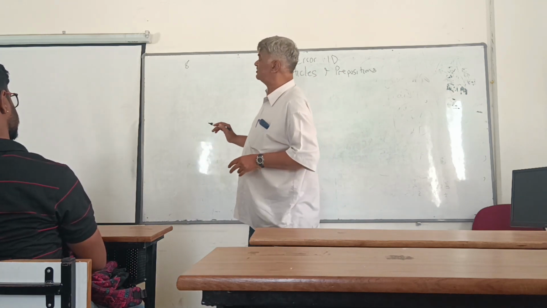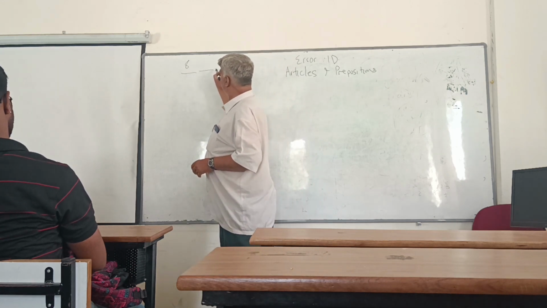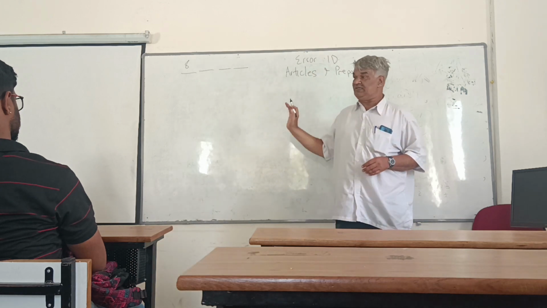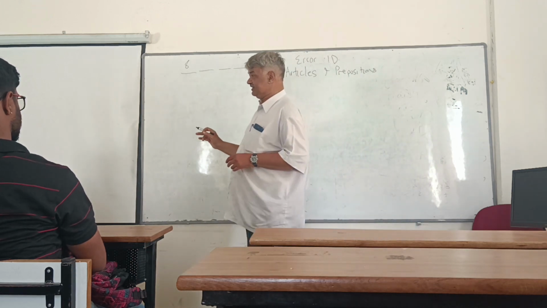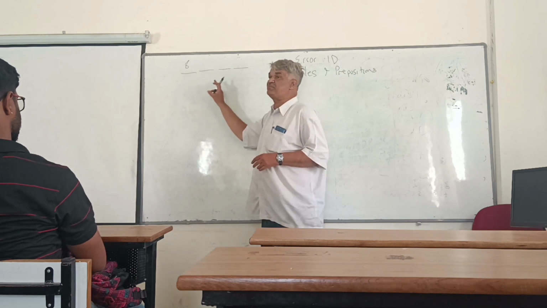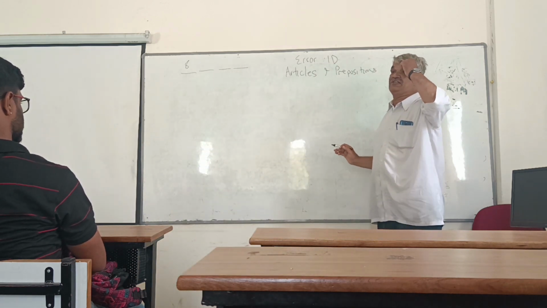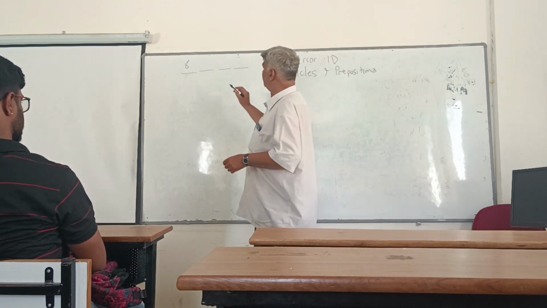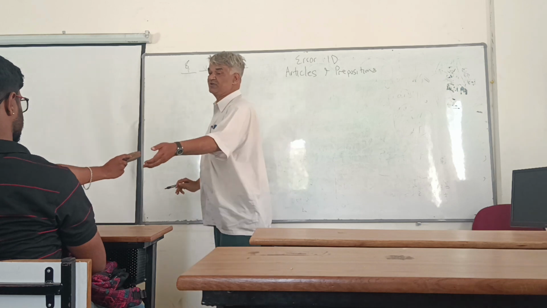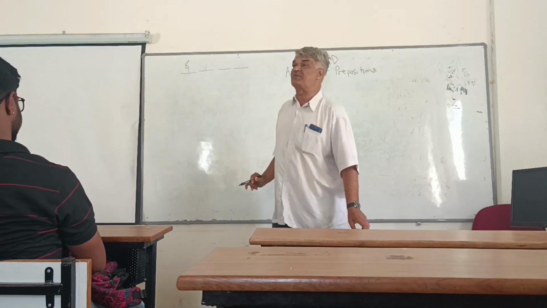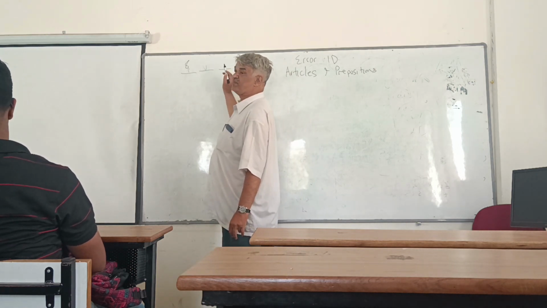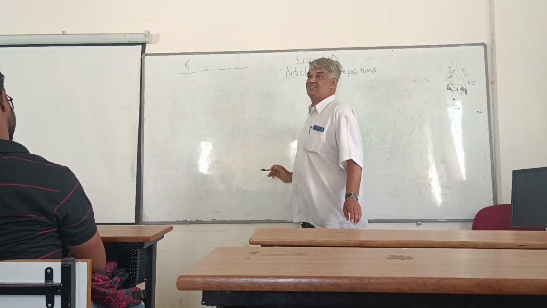So when you have a sentence, the error can come in any of these parts of speech. That's why we looked at verbs, for example. We've also seen pronouns, and we'll go over pronouns once more. And now we're looking at prepositions and articles.